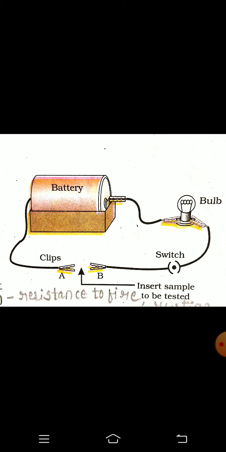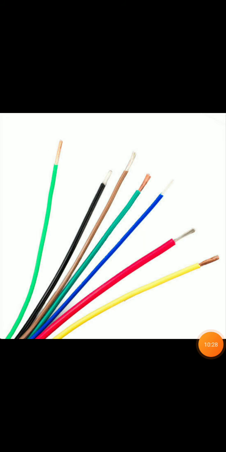Now, if we switch on the circuit, what will happen? We will see that the wires that carry current in our homes have a coating of polyvinyl chloride. I'm sure you all have seen this type of wires which carry current in our homes.